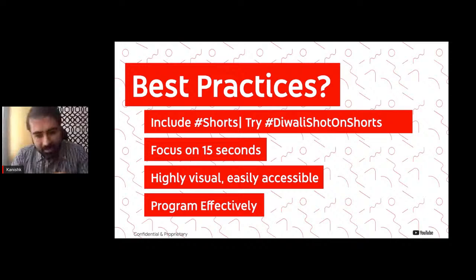But having said that, we recommend that you upload content that is around the 15-second mark. We've seen very often that videos that are self-contained, that are easily consumed by viewers, have a lot more traction. So when you do create content, try keeping it to this mark.